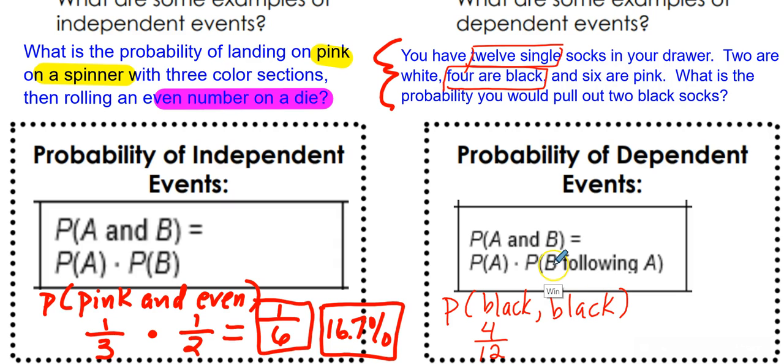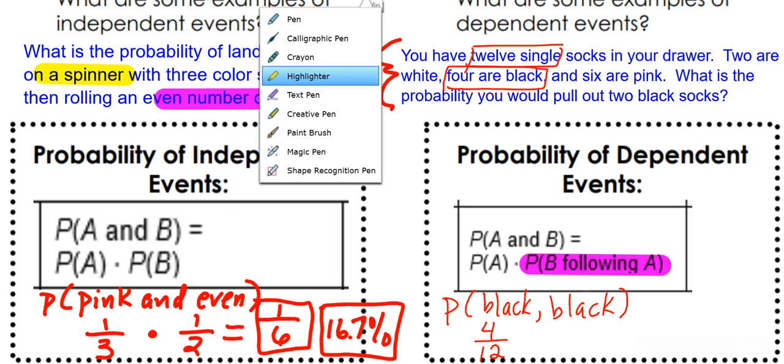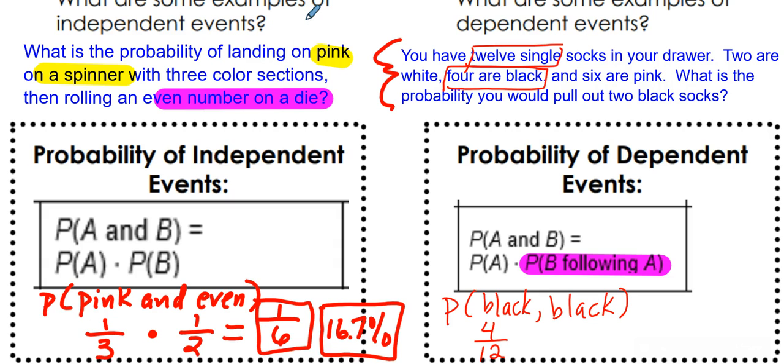But let's look at the second event, because here it says for the second event, we've got to look at what B would be now following A, because remember, this second event is dependent on the first. So let's think about what we would have now. We've taken out 1 black sock, right? Because the first selection assumes that we get a black sock. So we had a 4 out of 12 chance of getting a black sock. And for the second one, I now only have 3 black socks in my drawer.